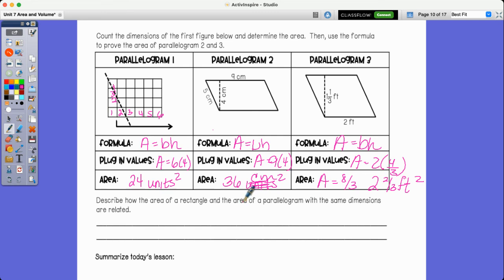Describe how the area of the rectangle and the area of the parallelogram with the same dimensions are related. Both the rectangle and the parallelogram have the same area, which means we can use the same formula.